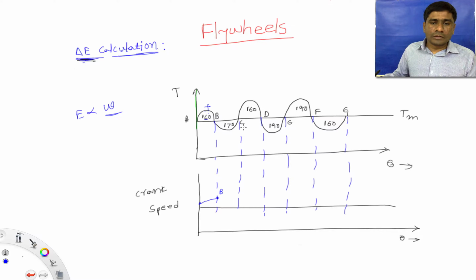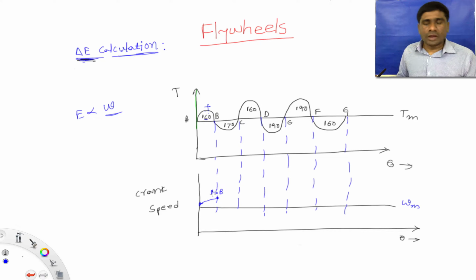And for example, if it is starting from some value omega m, this is omega m plus 1.6. Let me take this as 1.6.